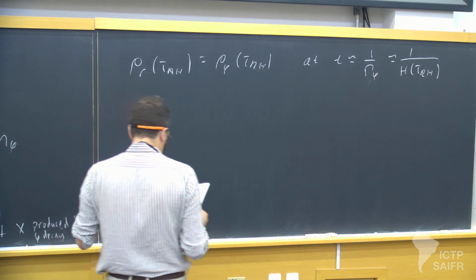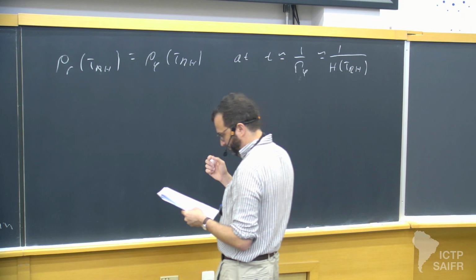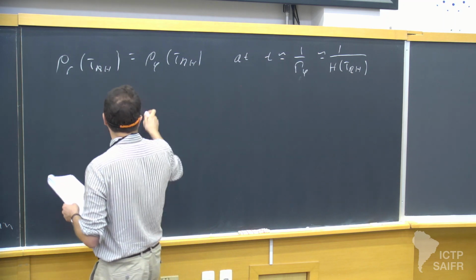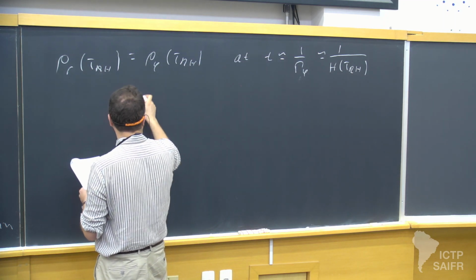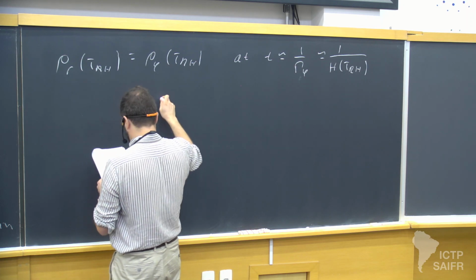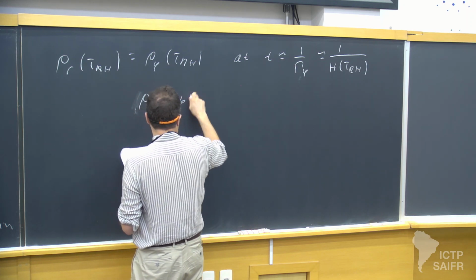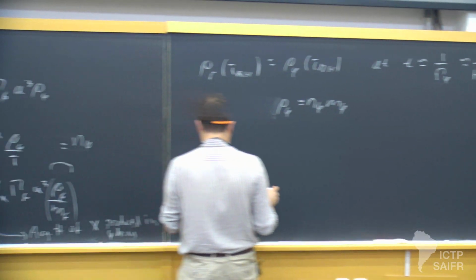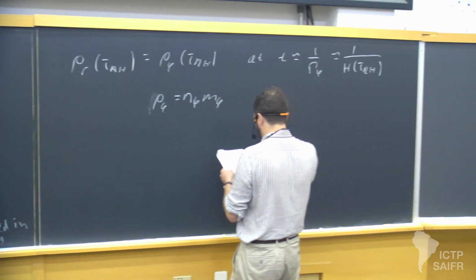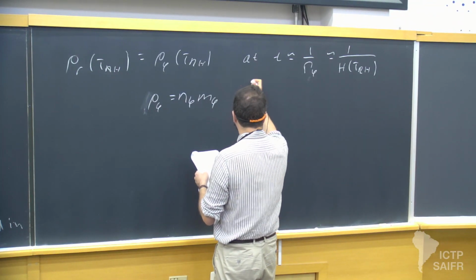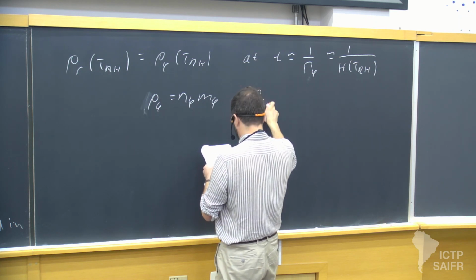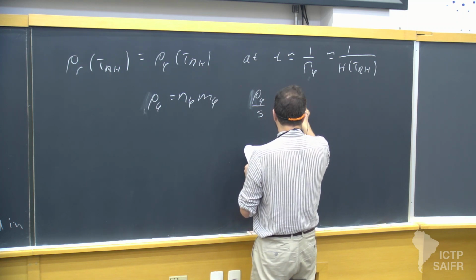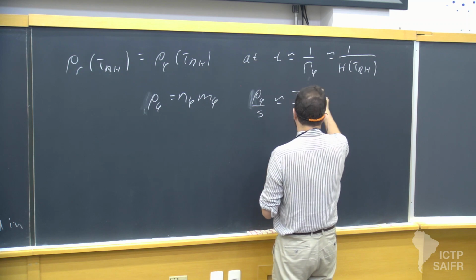So then one can get a decent approximation assuming what is called instantaneous reheating, yeah? So we take rho phi at reheating equal to n phi m phi, and this n phi is going to source our baryon asymmetry, and then you can find that rho phi on s is approximately 3/4 T reheat.